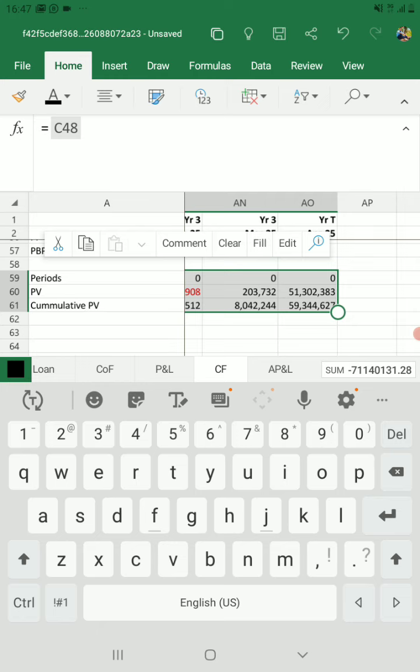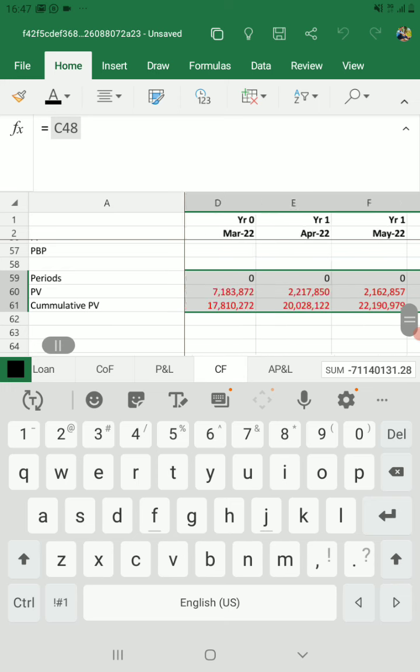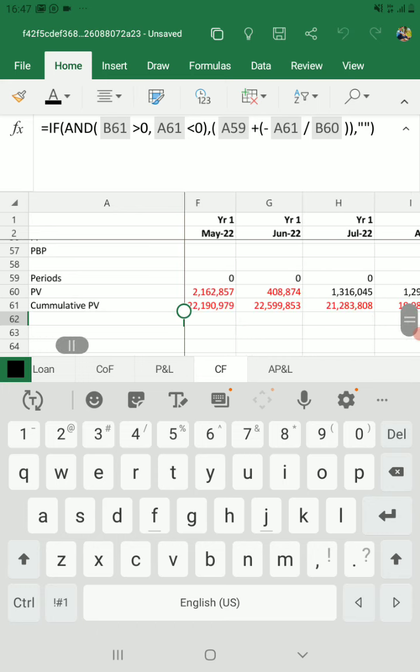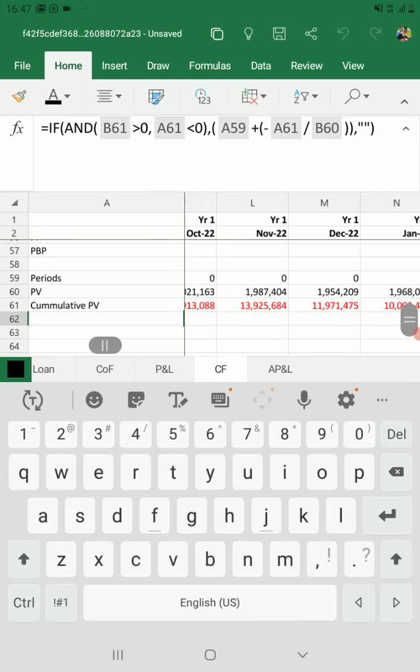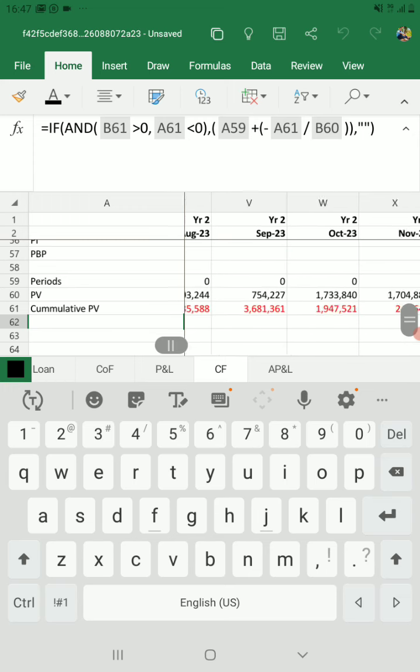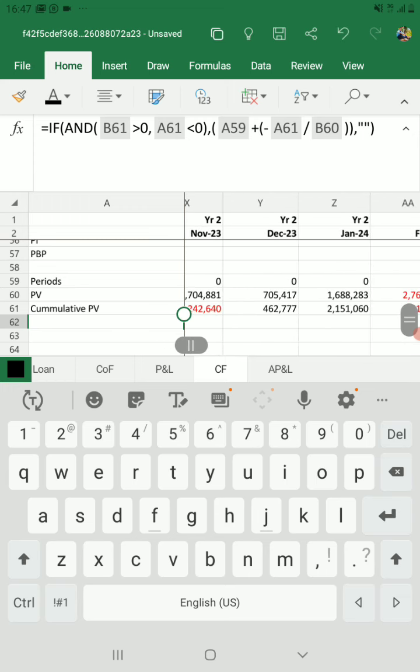Okay, now there is the formula that I established here that computes the payback period, and if we look at our numbers here, we will see that also the formula.